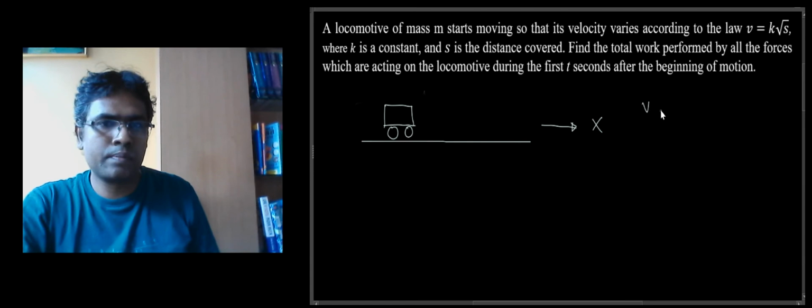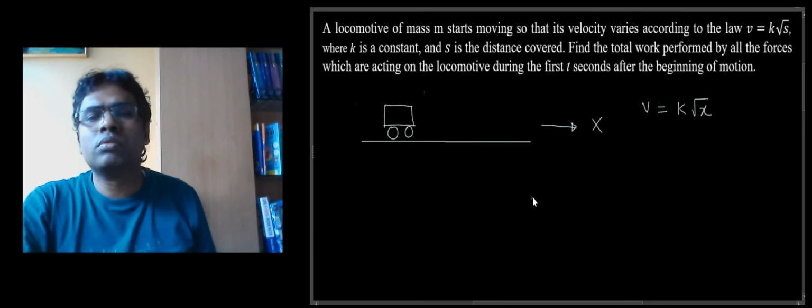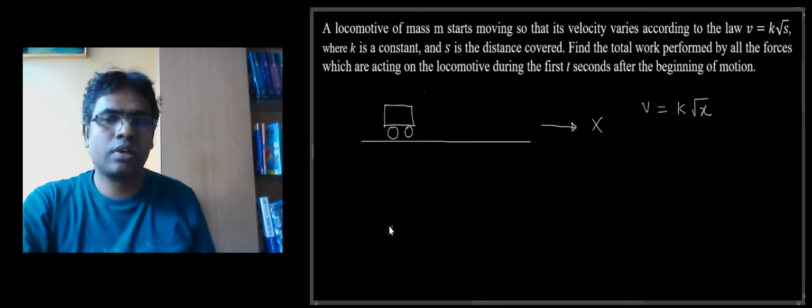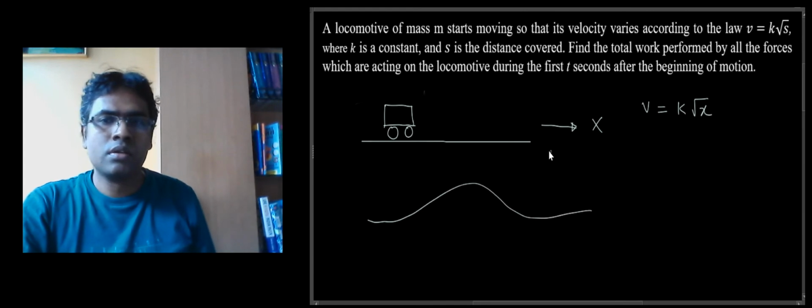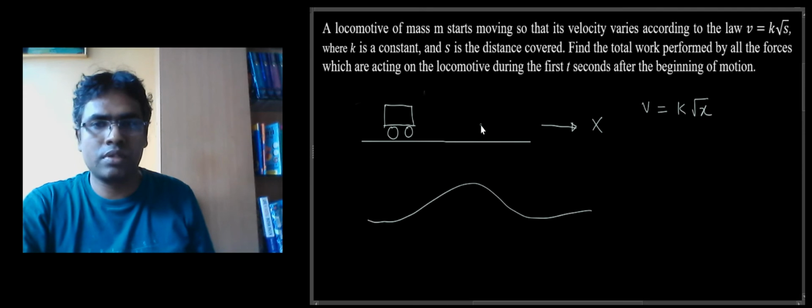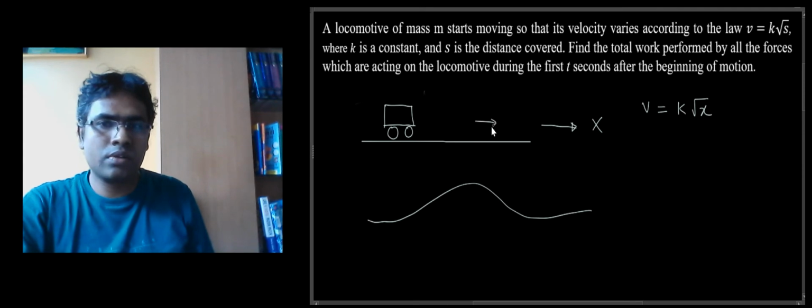So the velocity will be k times square root of x. Now, as the locomotive moves, suppose it is not moving along a straight path, suppose it is changing its direction continuously. We know that whenever any particle changes its direction, it is because of a force that is perpendicular to its direction of motion. So let's say in this case the velocity is along the x-axis.